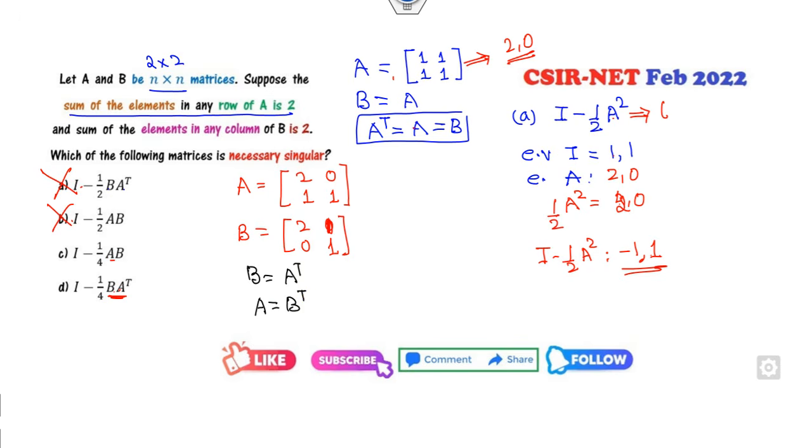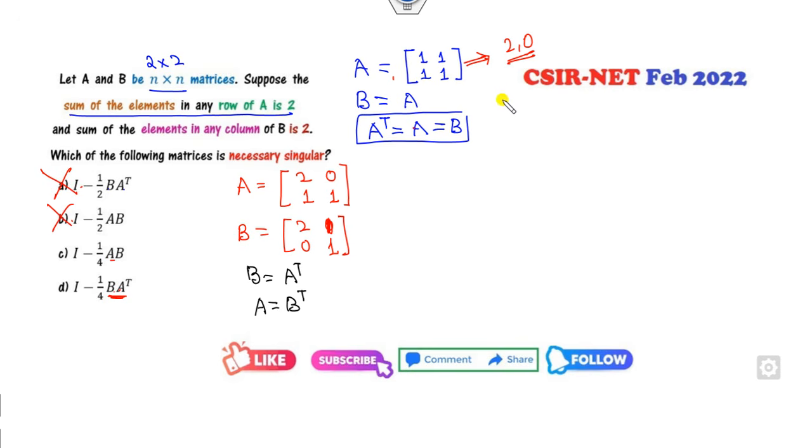Clear? Then look at the third and the fourth options. The third option will be I minus 1 over 4 AB, and the fourth option will be I minus 1 over 4 A transpose A. A transpose is my B, so this is my B square.